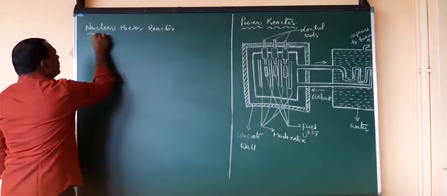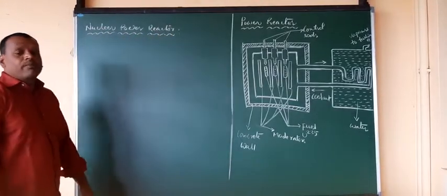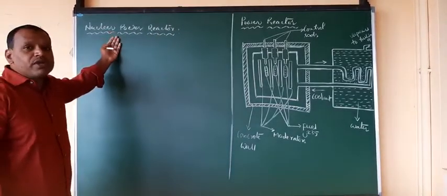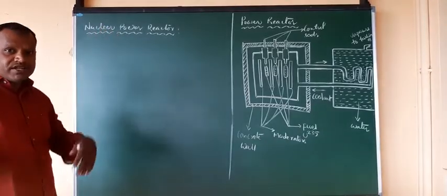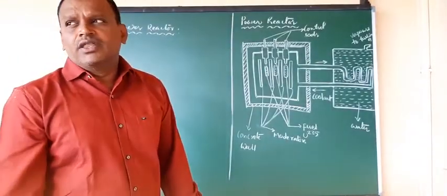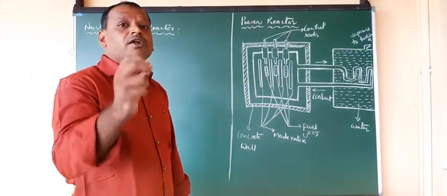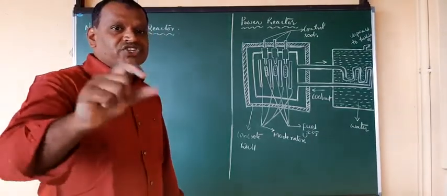In the nuclear power reactor, what are the main components and what is the principle? That I already said yesterday, in the last video itself, that the principle of the nuclear power reactor is a controlled chain reaction or sustained chain reaction.